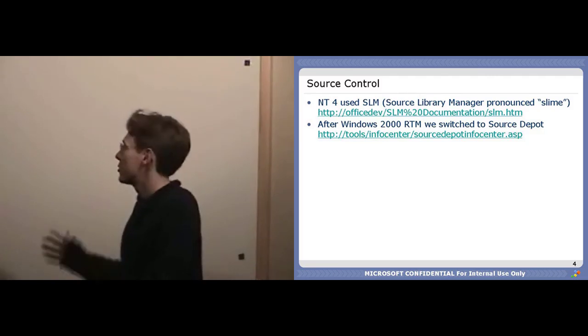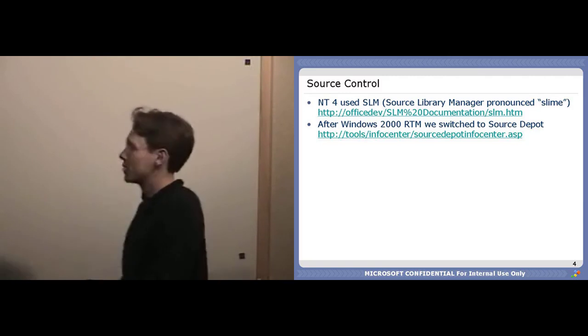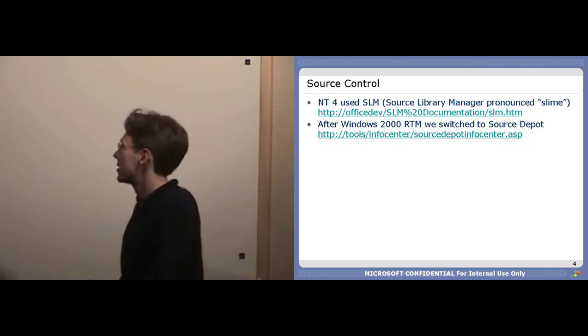We have this old school source control thing, which is called SLM or Slime, and it was used for NT4 and in the development of Windows 2000, and it was all right, but it didn't scale very well as we got bigger and bigger. And so after Windows 2000 RTM'd, we switched to Source Depot. And if you want to read up on either of those types, those are links to the documentation on both of those different types of source control.